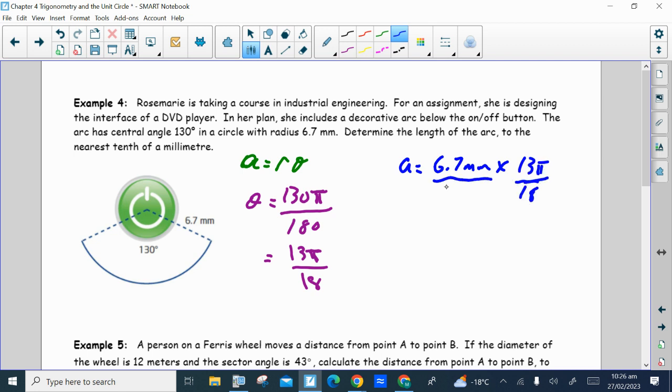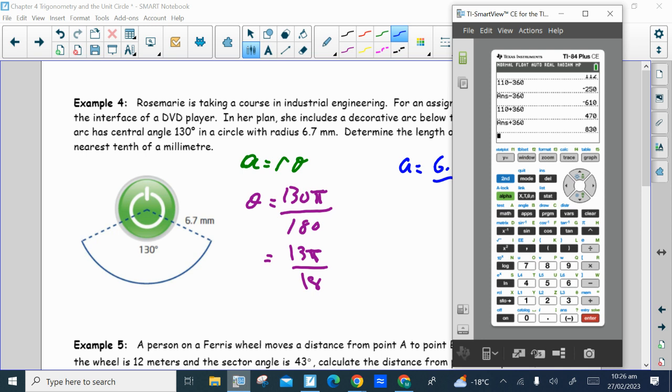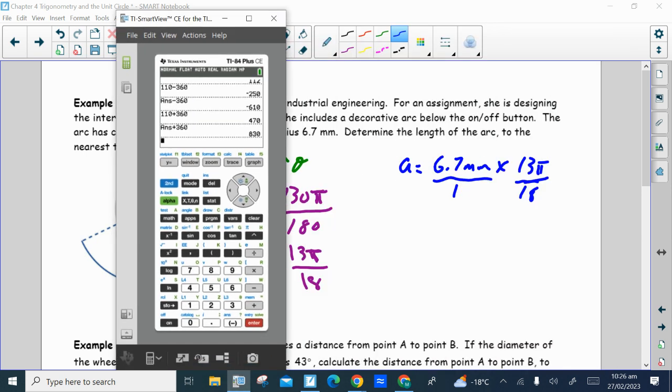So you could make the 6.7 over 1 to make it a fraction. Multiplying fractions is top times top, bottom times bottom. So we can go 6.7 times 13 pi, and I'm using the pi button here again because I want to have an exact value that I'm using in this calculation.